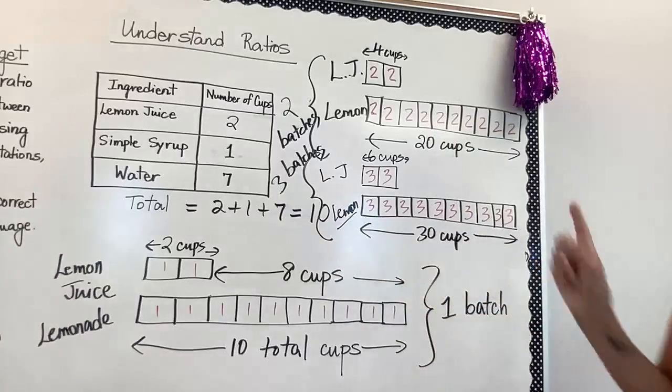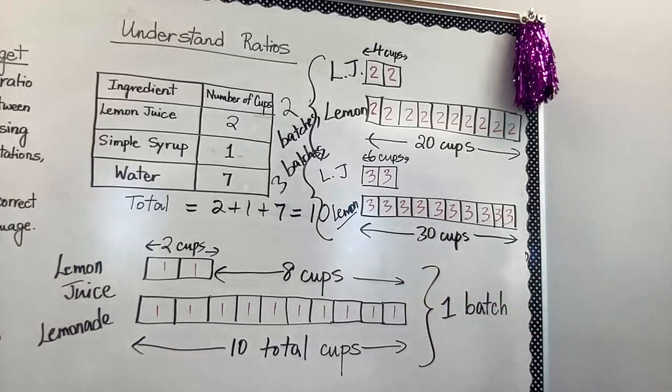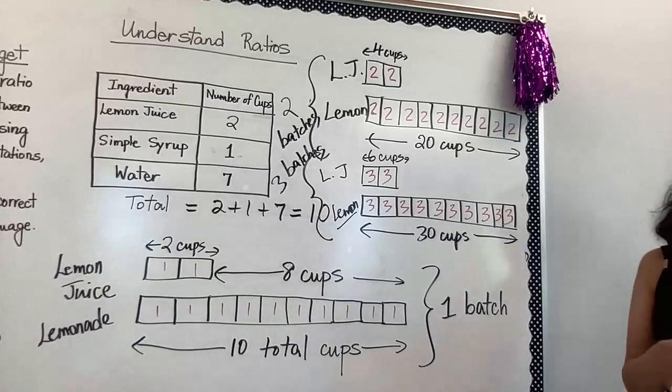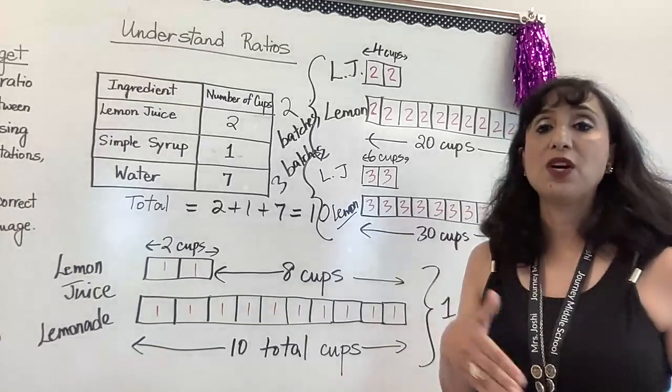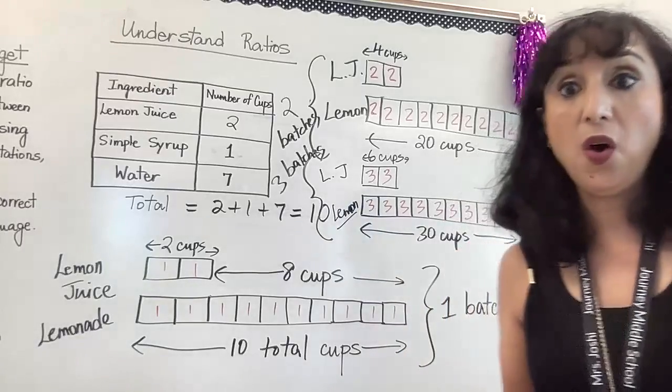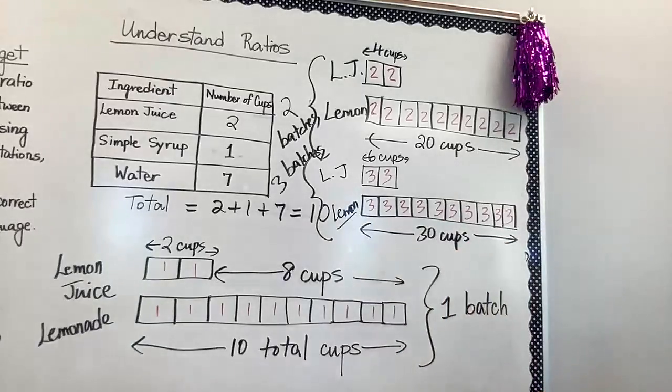The ratio 2 to 10 is a part to whole ratio because it is comparing the number of cups of lemon juice, which is the part, to the total number of cups of lemonade, which is the whole. So this is a part to whole ratio.